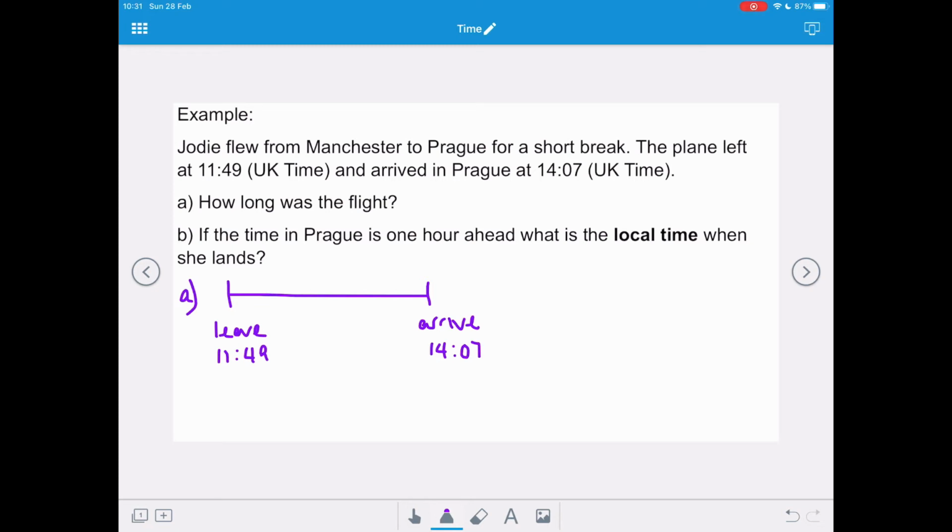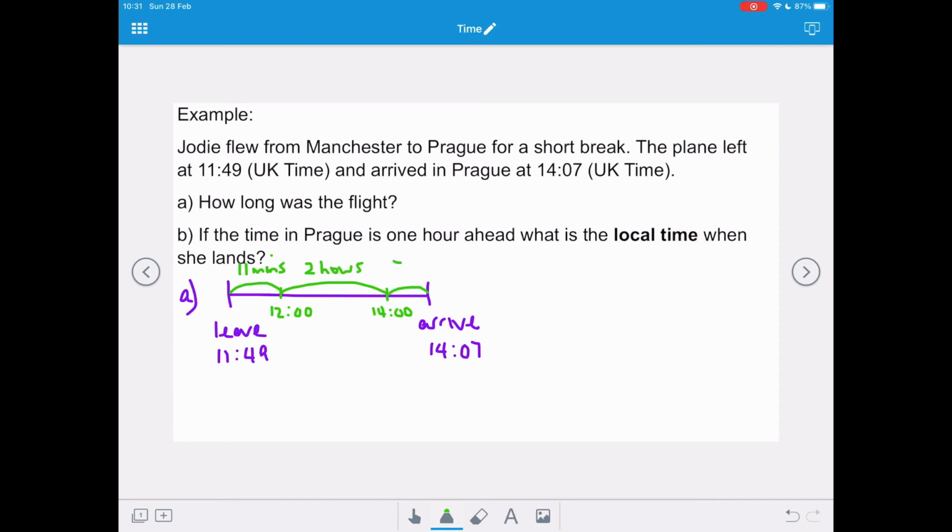So we've got a leaving time of 11:49 and an arrival time of 14:07. And we know that 1200 hours is the first o'clock after 11:49, and it occurs 11 minutes after. Then we need to go to the o'clock before 14:07, which is 1400 hours or 2 p.m., and that's 2 hours after 12 o'clock.